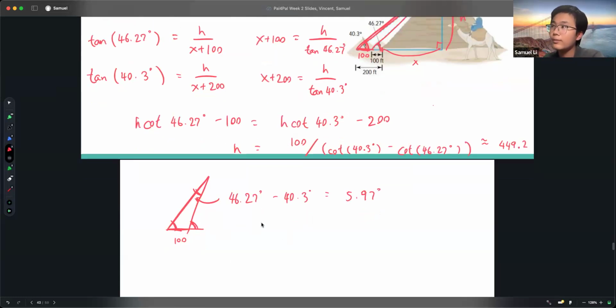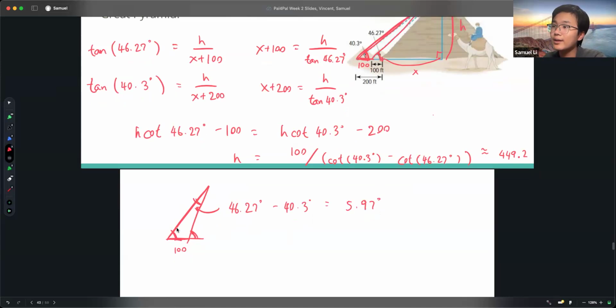So we can now apply the law of sines. Let's just call this guy right here D. We know 100 over sine of this angle, 5.97 degrees, is equal to D over, or maybe not. Let's not let this be D.